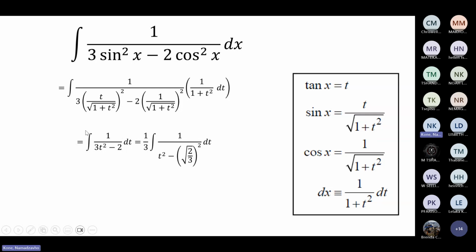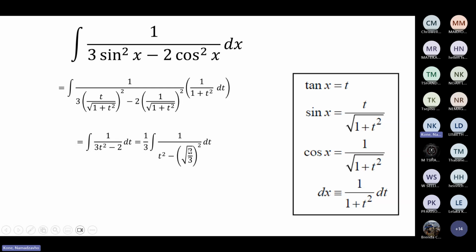Now this is similar to what we had before. The coefficient of t squared will give us a problem, so we must take 3 out as a common factor. When we do that, we get 1/3 out, and inside we are left with t squared minus 2/3. Then we want to rewrite this 2/3 as a square.